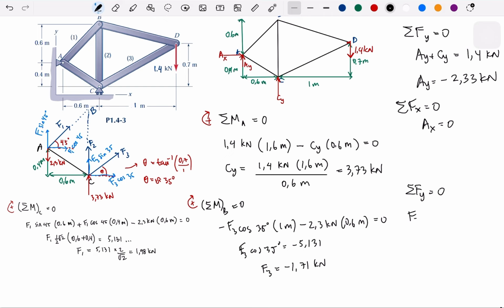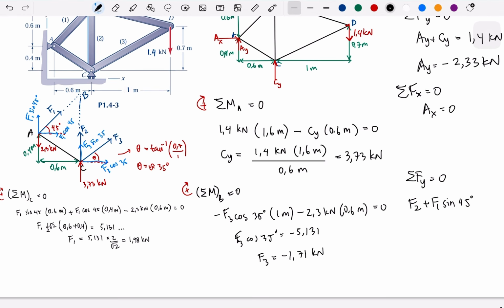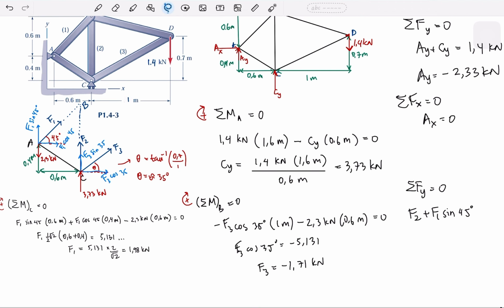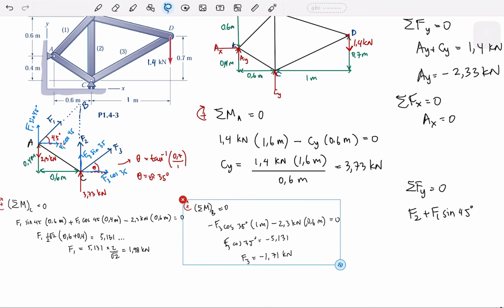So F2 plus F1 sine 45. Oh, I think I need to resize this to make it okay. Resize, go over there.